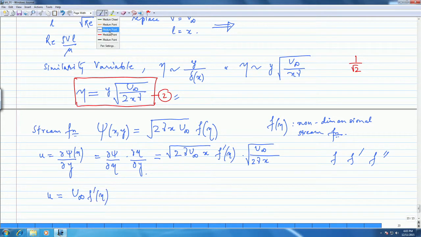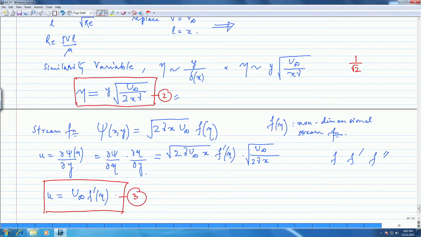This is a very important relationship, an extremely important relationship. So what do we understand from here? Let's take a step back. What we wrote out here, we came up with this similarity variable, which is given here in 2, and then we said we're going to define a stream function in this fashion.